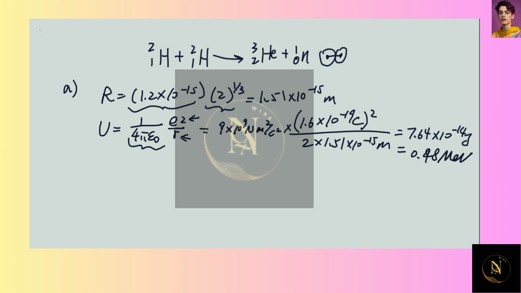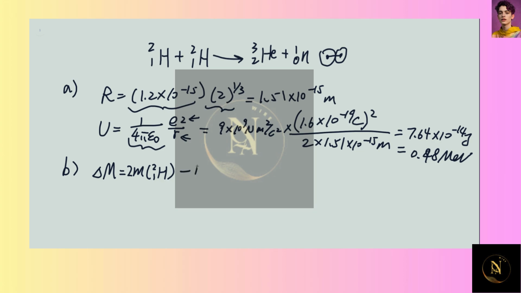And then we can look at part B. Part B wants us to look at the energy liberated in this reaction in MeV and then in joules. In this case, we need to calculate the change of mass.